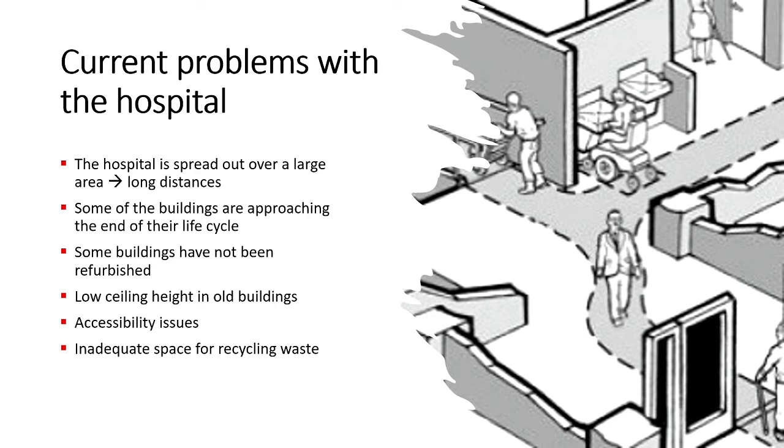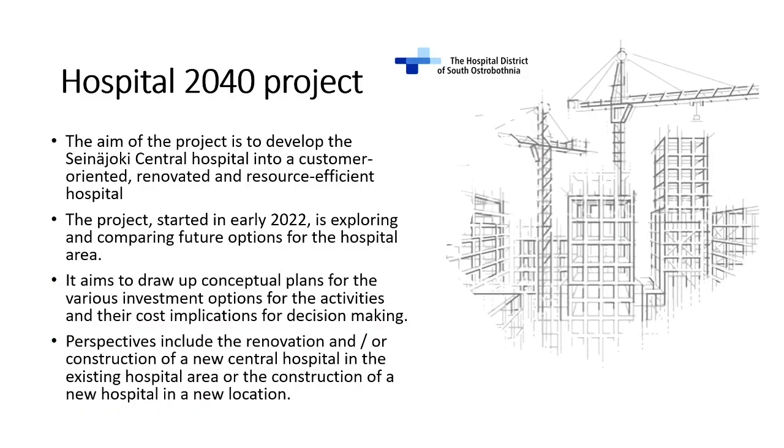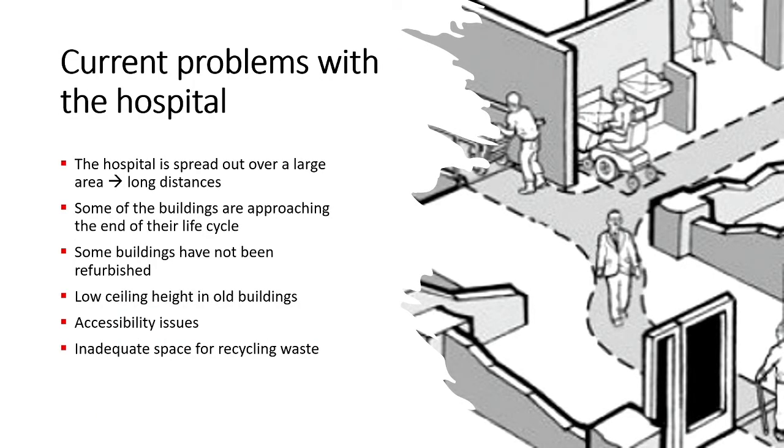Low ceiling height in some of the old buildings makes it difficult to install modern air conditioning. And then there are various accessibility issues. The hospital is located on a high hill, making access difficult by foot or bicycle, especially for the elderly. It is also serviced by only one bus line that runs approximately once every hour. And there is inadequate space for recycling waste.